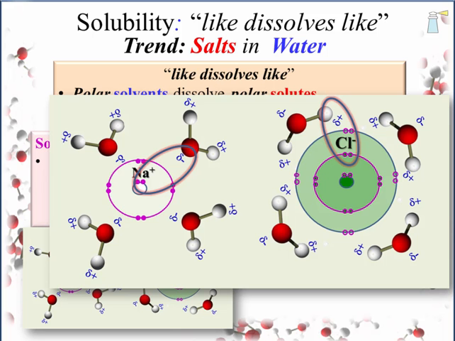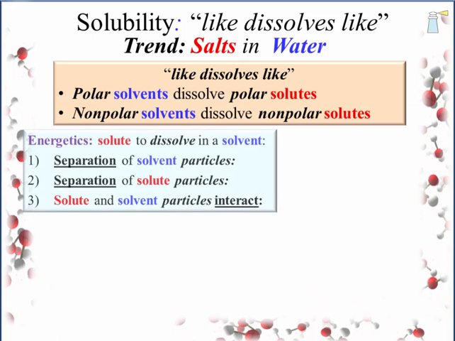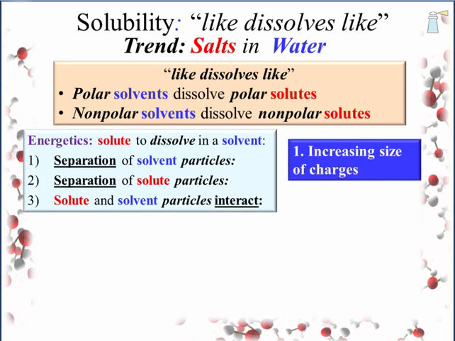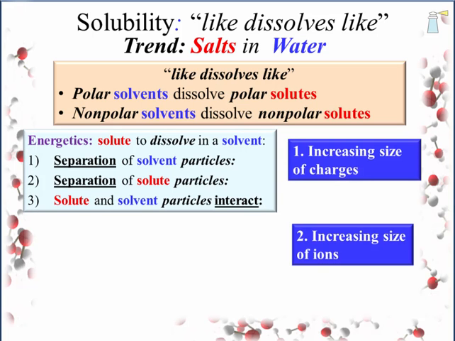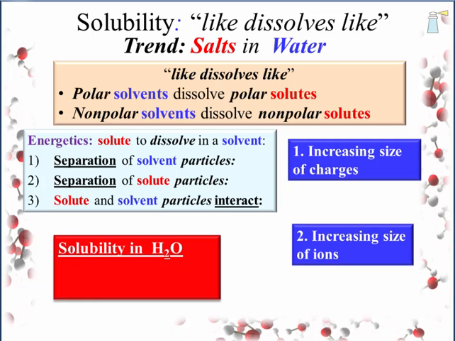As for the basic trends in dissociation and solubility of ionic compounds, the 3 steps of the energetic process serve as a guide. Specifically, we will consider the effects on solubility of increasing size of the charge on the ion in a salt, as well as increasing physical size of the ions. To make matters a bit simpler, we will only consider aqueous solutions.